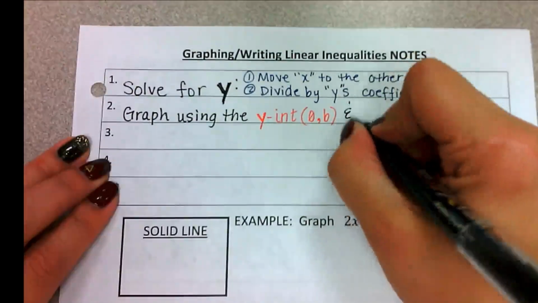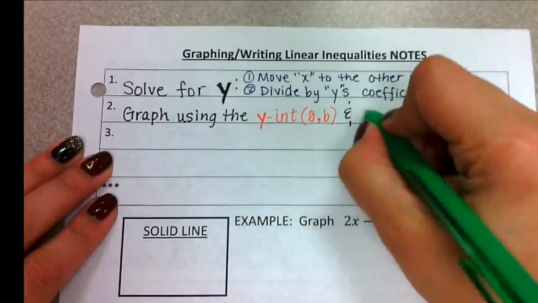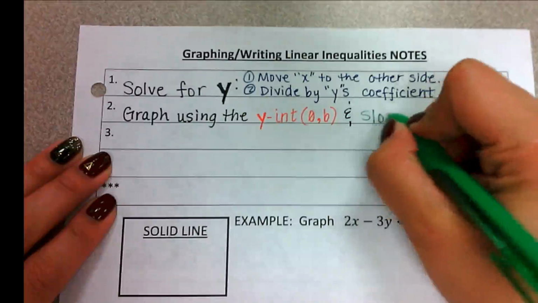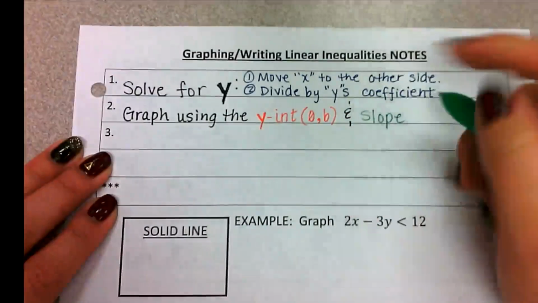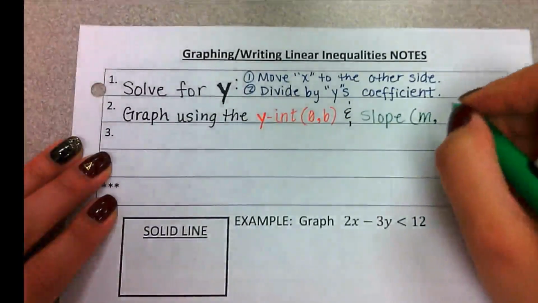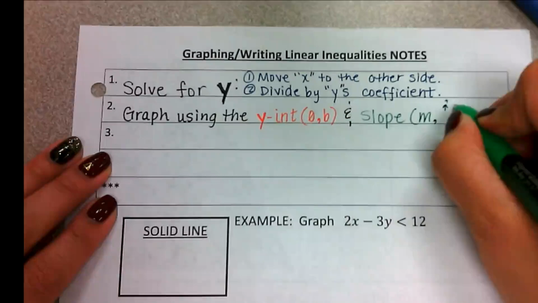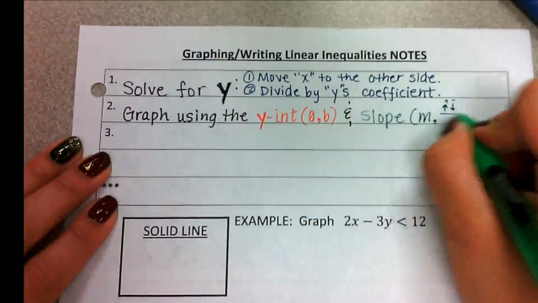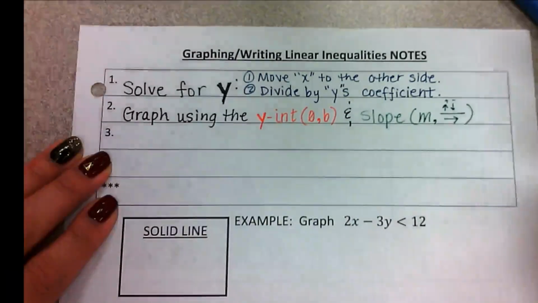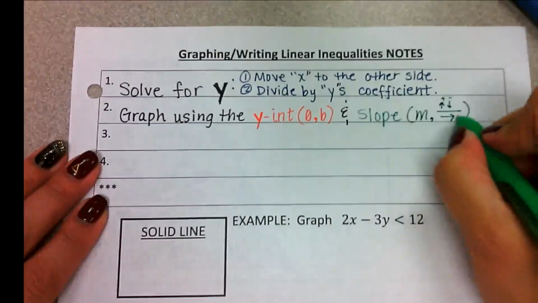And we're also going to use the slope. Recall the slope, that is your m, or sometimes you guys say that's rise over run. Remember, you go up if it's positive, down if it's negative, and always to the right, because you want the denominator to also be positive.